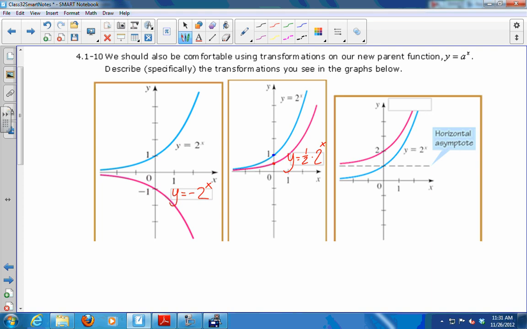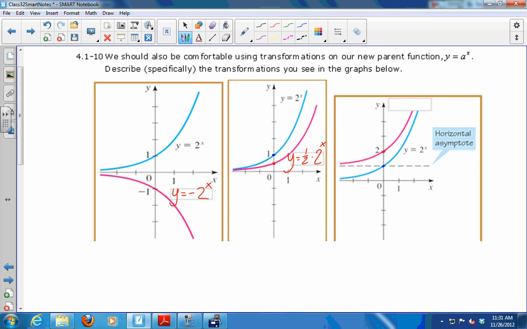All right, now looking at this last one, y equals 2 to the x is in blue. What transformation does it look like happened? Shifted up 1? Yep, it definitely looks like that if I check the y-intercept. It used to go through 0, 1, and now it goes through 0, 2.